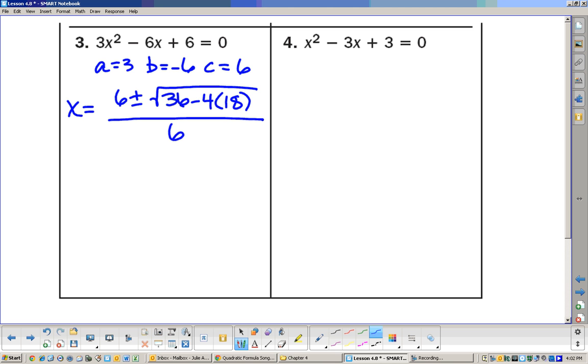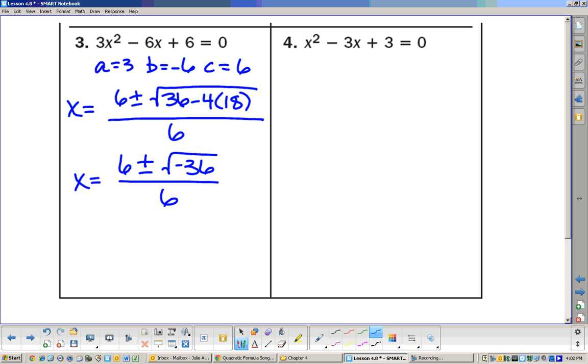Under the root there, I can see I'm going to have a negative number because I have 4 times 18, which is 72. So 36 minus 72 is going to give me the square root of negative 36. So I have 6 plus or minus the square root of negative 36, all over 6, for my x answer.